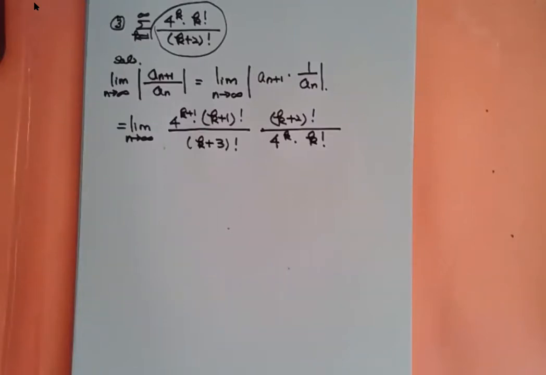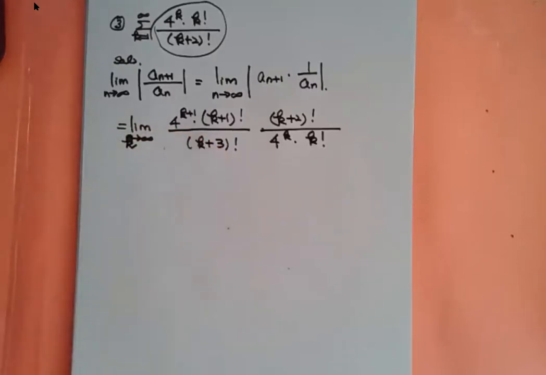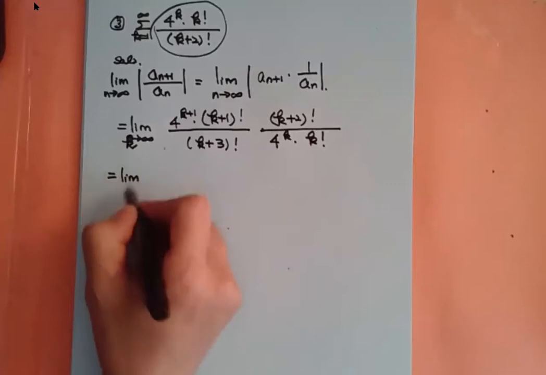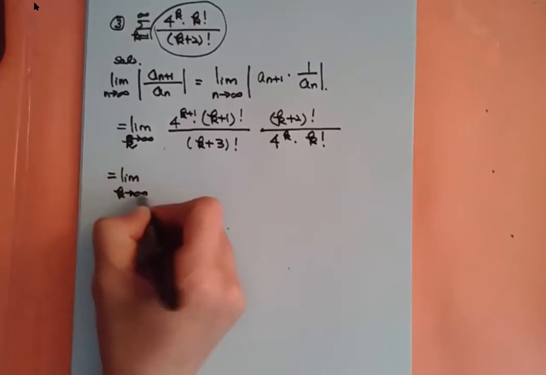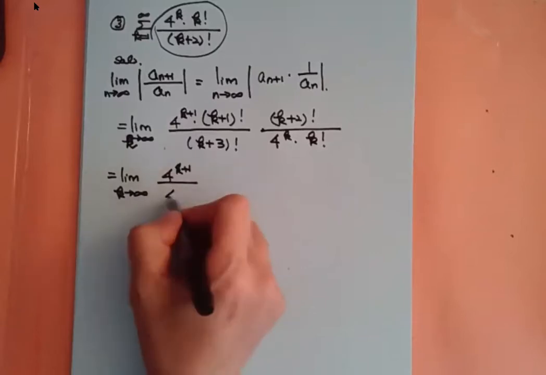I had to write k because we were using k. Let's gather the same kind together. Limit as k goes to infinity, 4 to the k plus 1 over 4 to the k.